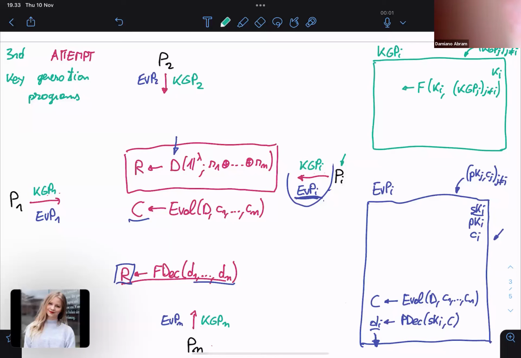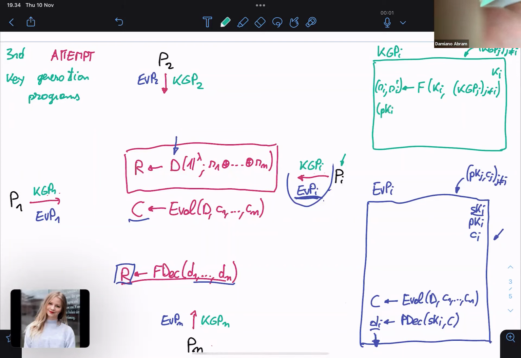And in this way, the program obtains two pseudo-random strings, Ri, which we will feed into the protocol as a share of the randomness, and Ri prime. This Ri prime will be used to generate a fresh multi-key FHE key pair.